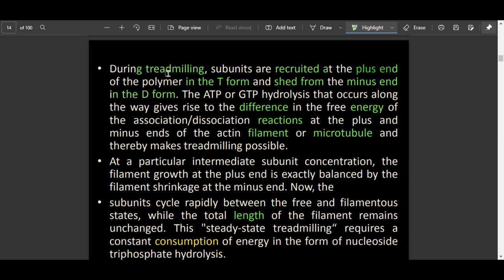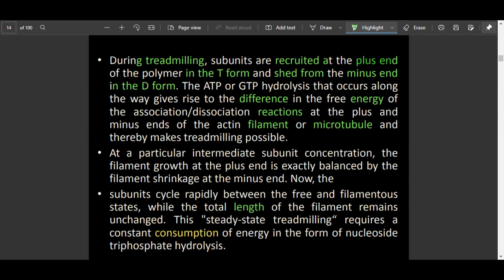The first thing we should know is that subunits are recruited at the plus end in the T form and shed from the minus end in the D form.